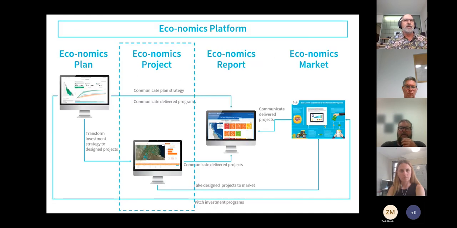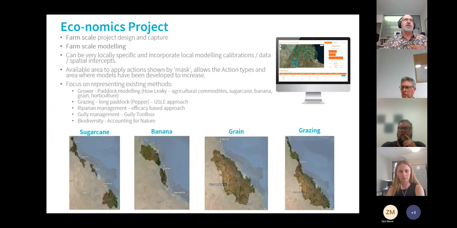And we'll just give a little bit of context now about the individual project level. So this is coming later. We'll start on this early in the new year. But essentially, it's a farm scale or project scale data capture and modeling exercise. It can be very locally specific. And so it doesn't have to fly over broad areas.